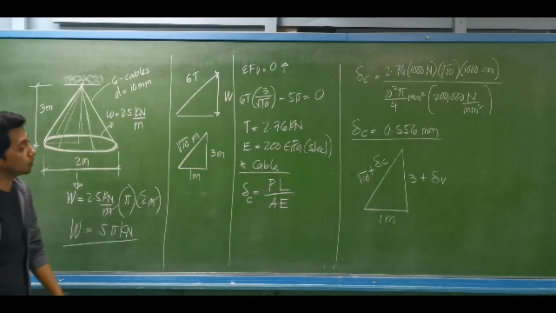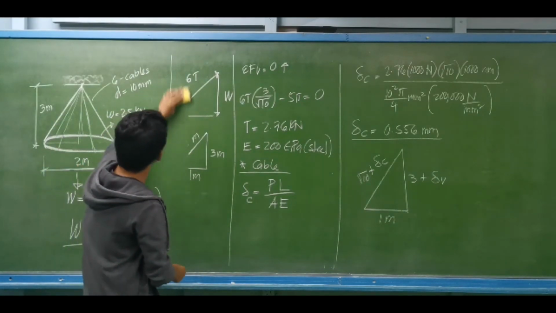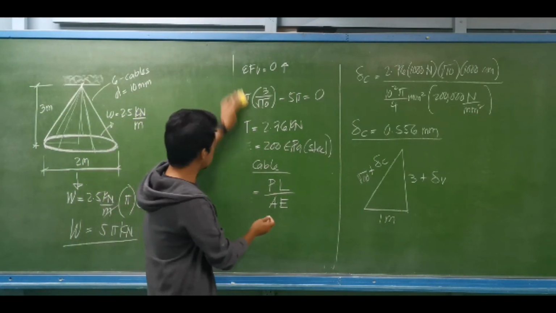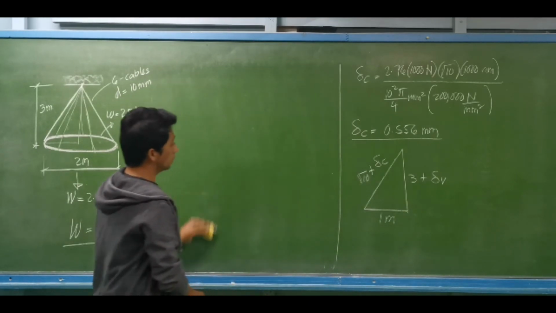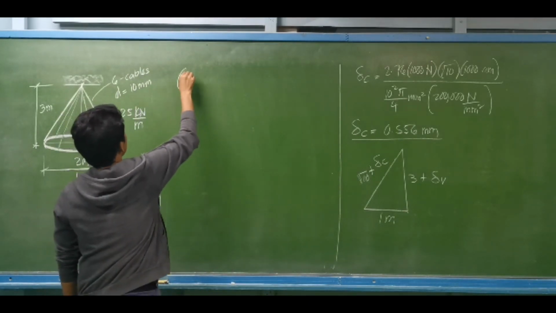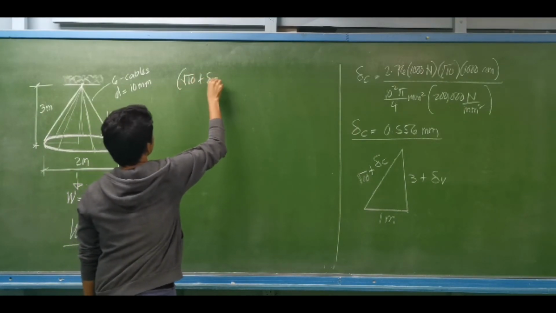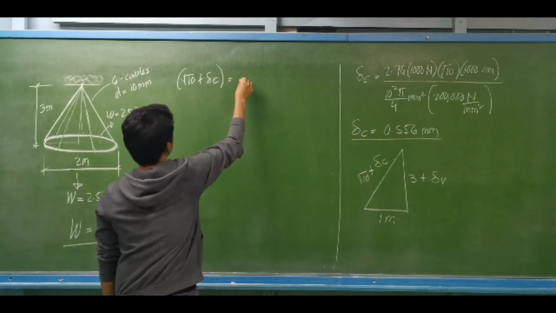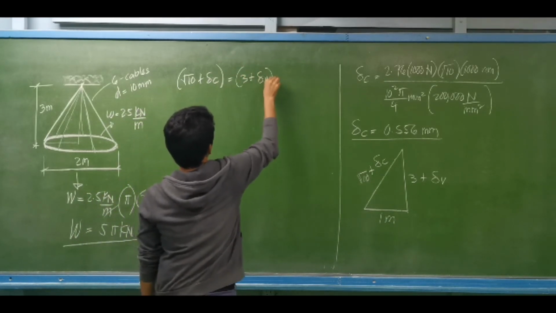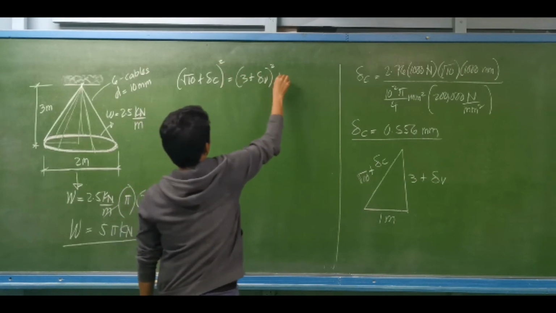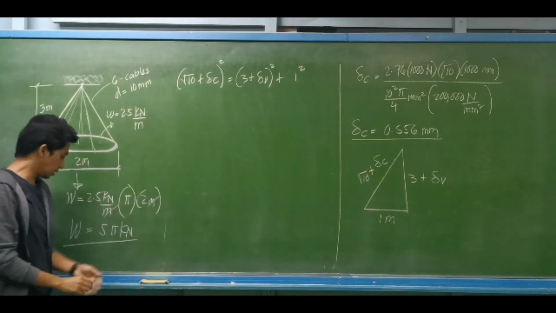So how to compute for that delta B? We can have it by Pythagorean theorem. Basically, there is still a right triangle. By Pythagorean theorem, what will be our equation? The hypotenuse, the square root of 10 plus delta C, squared, is equal to 3 meters plus the vertical displacement of the ring, squared, plus the 1 meter squared. All you have to do is substitute.